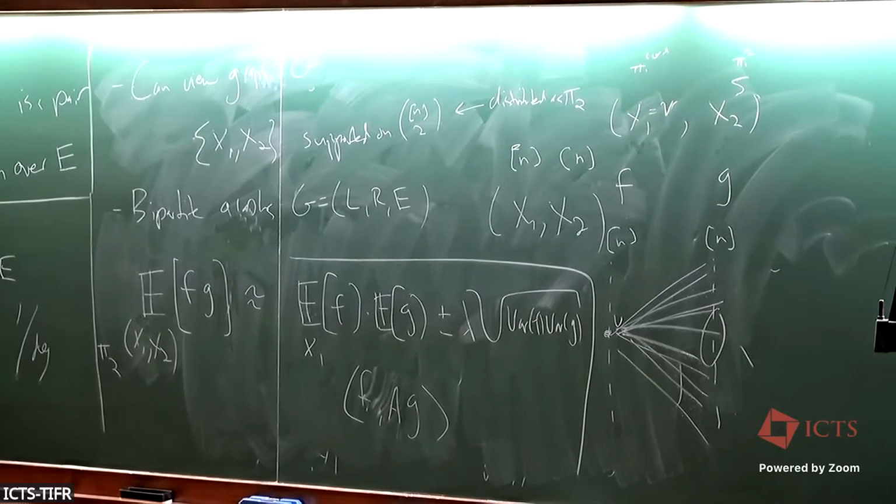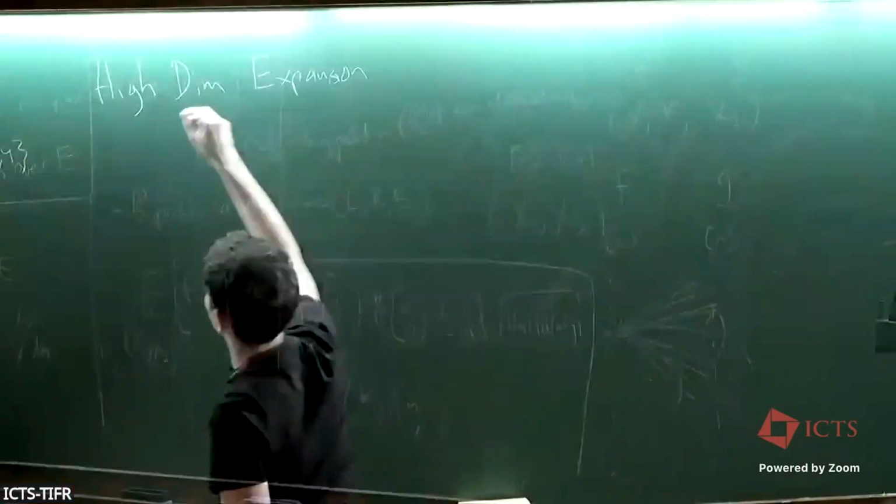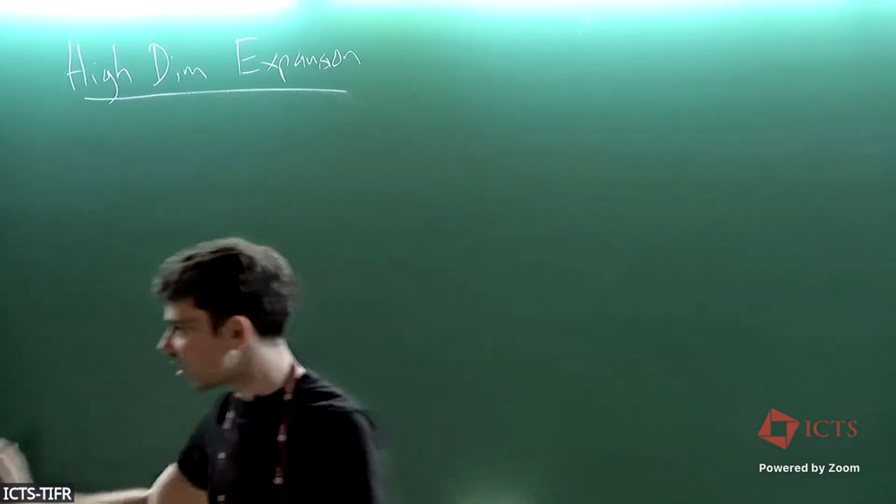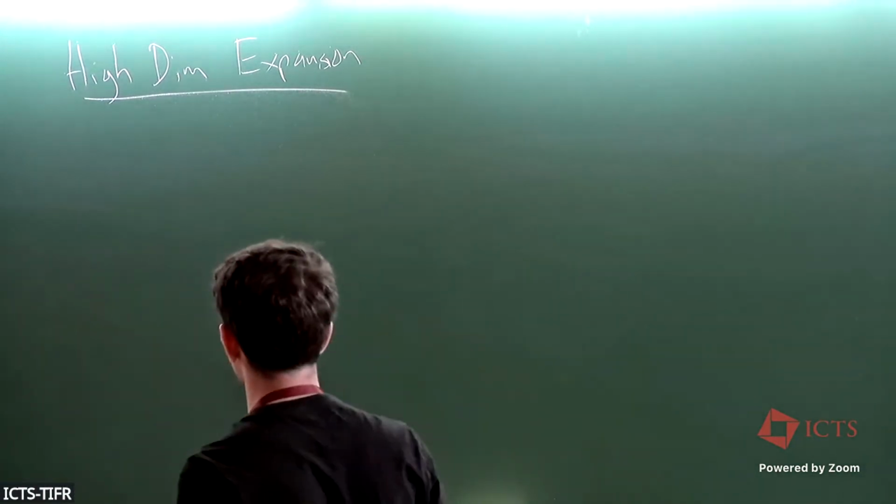Okay, so now I am hoping to say that now that we have this view that we've spent half an hour developing, there will be a very natural way to extend this to hypergraphs. Okay, so let's actually move to high-dimensional expansion. The goal is basically just to generalize everything we just did over there, but now 2 will become D, where D can be anything you want above 2.